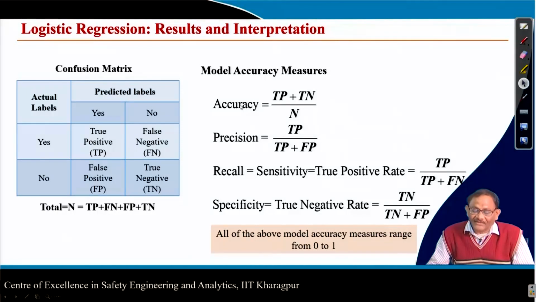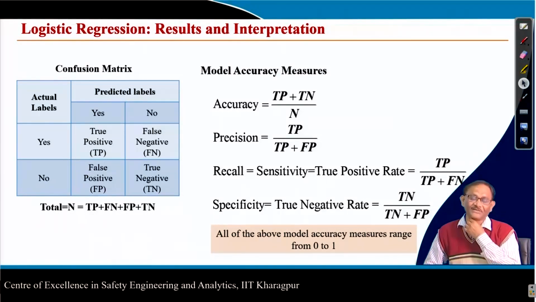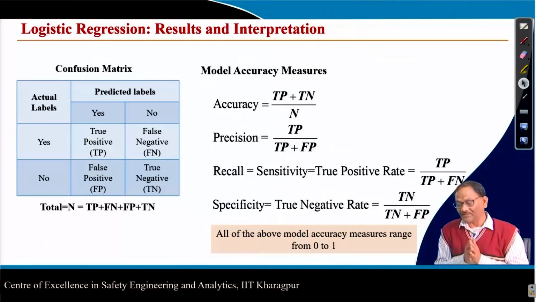But you understand that all these values lie between 0 and 1, and if it is close to 1, that is better. All the accuracy measures range from this. Okay. So, this is another way of understanding the predictive capability of the logistic regression. In fact, this will be useful for classification trees or any other kind of classification problem.